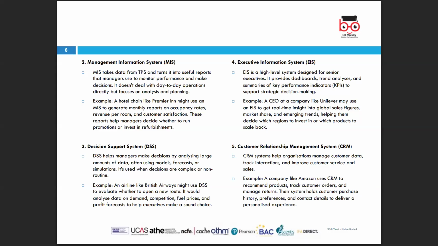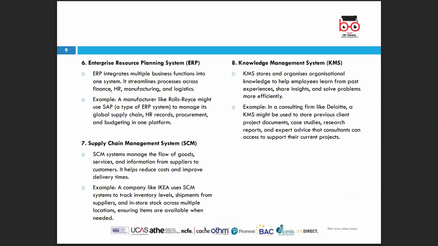CRM. Companies like Amazon would use a CRM to recommend products, track customer orders, and manage returns. The system holds customer purchase history, preferences, and contact details to deliver a specialized experience.